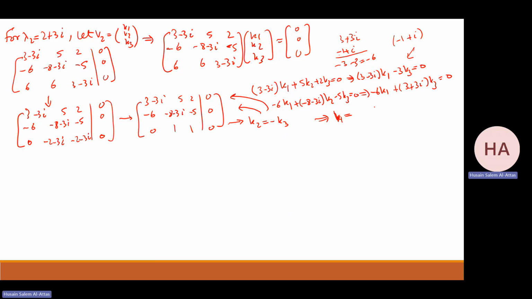K1 will be, careful with the minus sign, so I have everything is plus 3 over 6 plus 3 over 6i times K3. So I let K3 be 2. K1 will be what? Will be 2. Yeah, 2 will make it. Yeah, it will be 1 plus i.